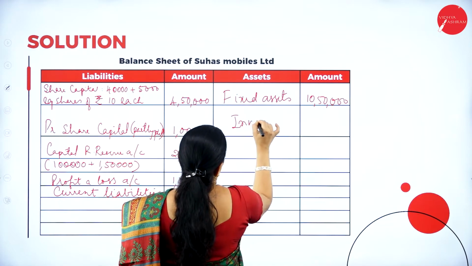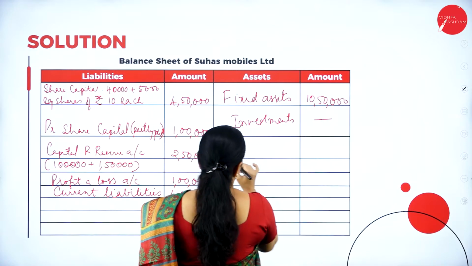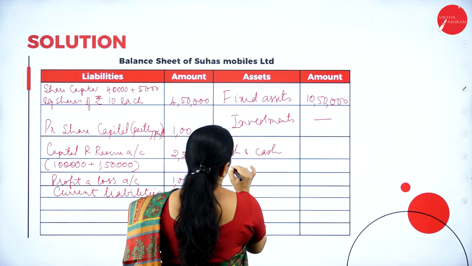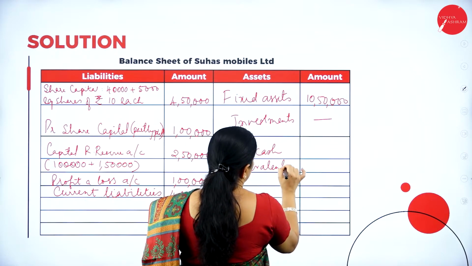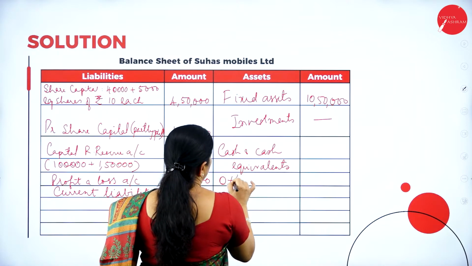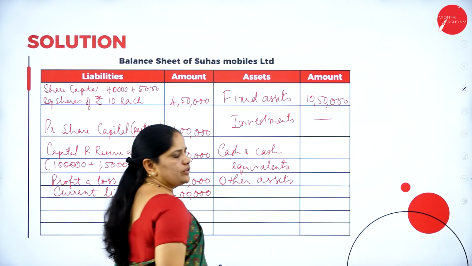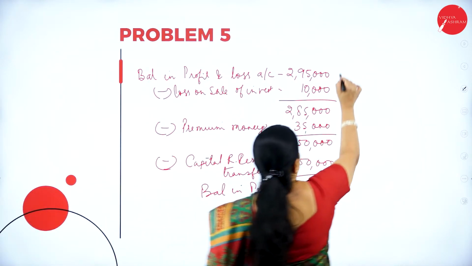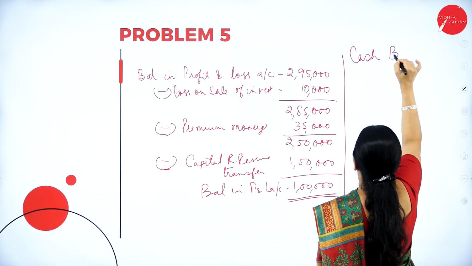Then investments nil. Then cash and cash equivalents. Then we have other assets. Now we have to calculate the cash balance. So I will write here cash balance.